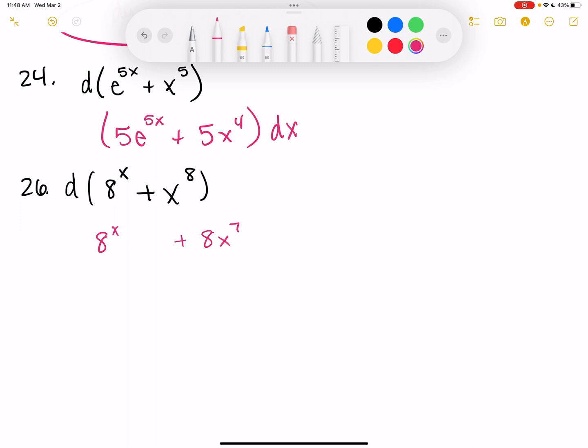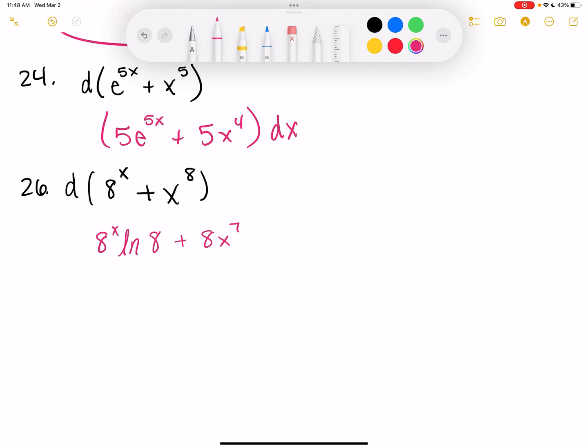I'll give you a hint. It has to do with ln. Well, ln implies that there's an e, but oh, okay, that's right, it's ln of 8. So it's whatever the number is, you write ln of that number times whatever this piece is.